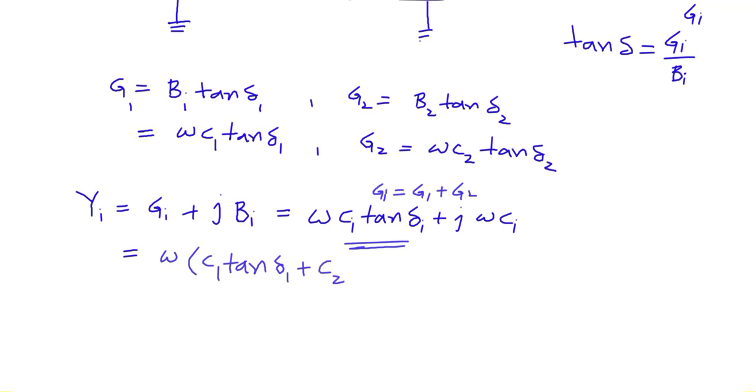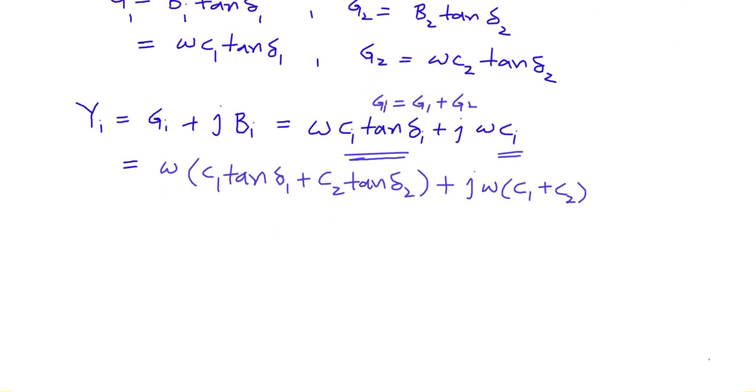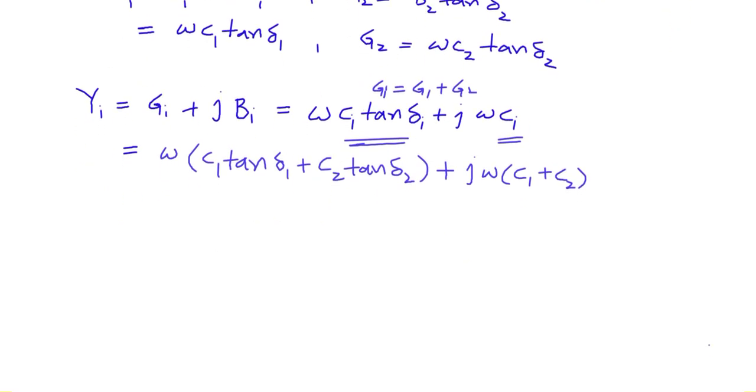So it will be C2 tangent delta 2 plus j omega, and again here C_i can be written as the sum of C1 and C2. Now this is our G_i, this is our B_i.